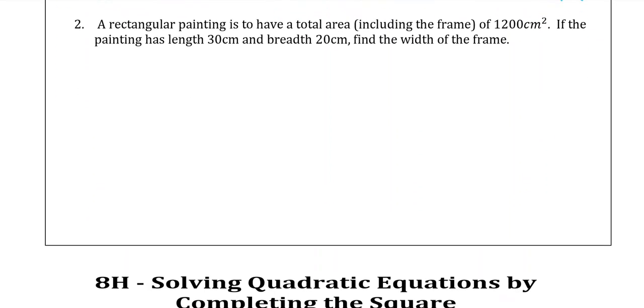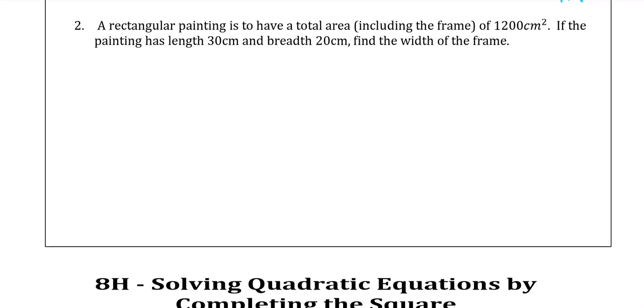Question 2. A rectangular painting is to have a total area, including the frame, of 1,200 centimeters squared. Okay, so I'm going to draw this. Here is my picture frame. Inside that picture frame would be the picture.